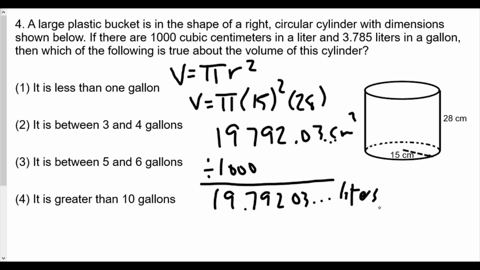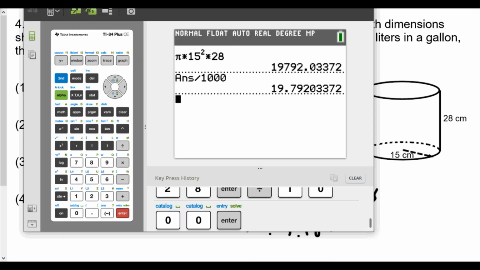But then it says a gallon has 3.785 liters. So we want to take this number and divide by 3.785.